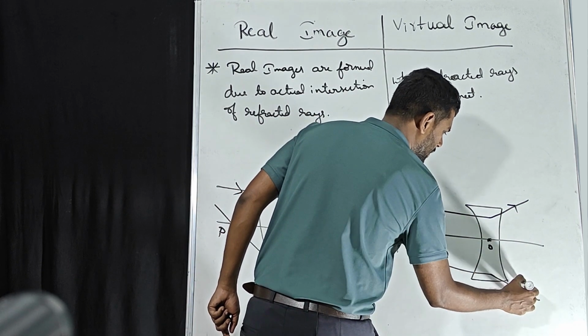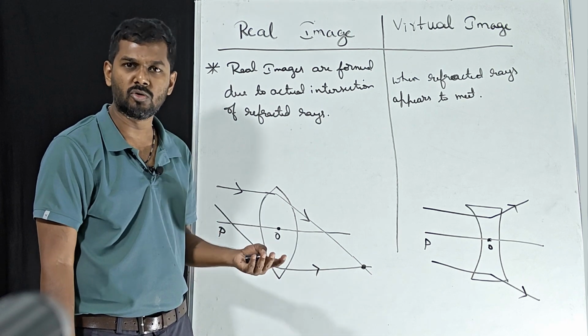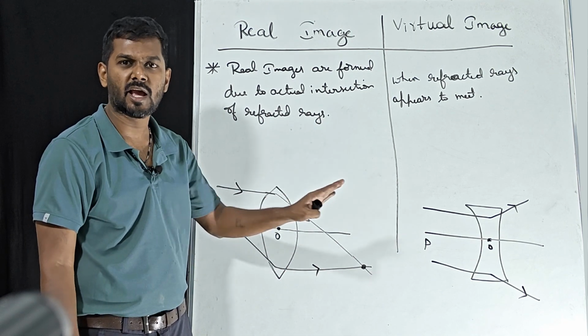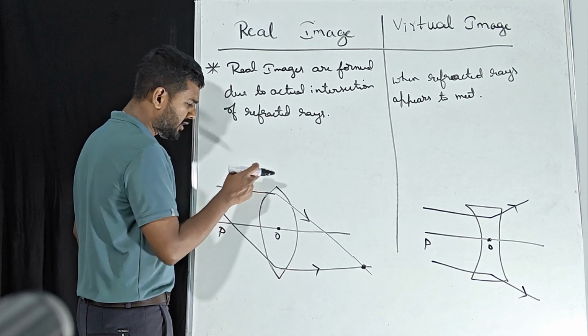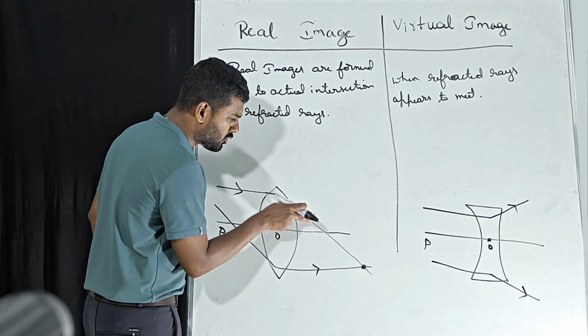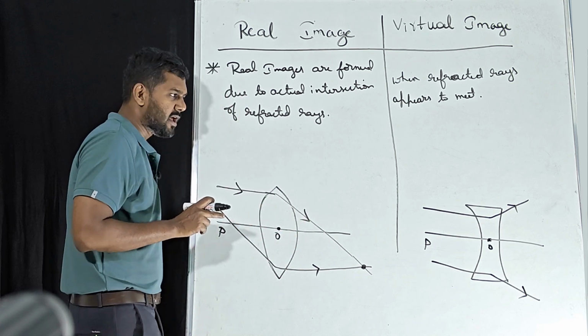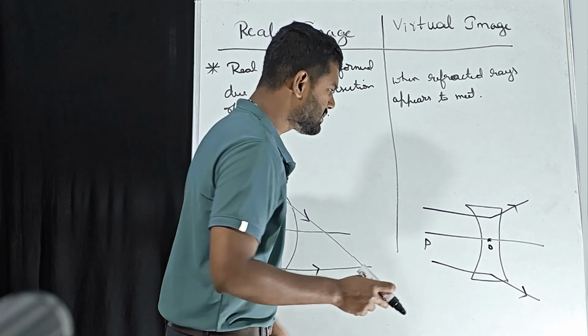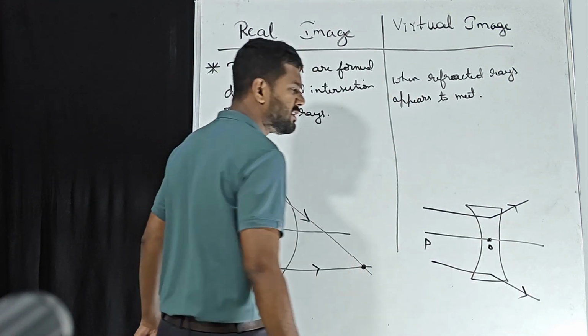See, these are the very much important basics. This is what we have learned in part A. Here also we are going to learn, don't worry, basic ray diagrams I am going to teach you. So in convex lens, after refraction, they move towards the principal axis. But when it comes to concave lens, after refraction, it moves away from the principal axis.